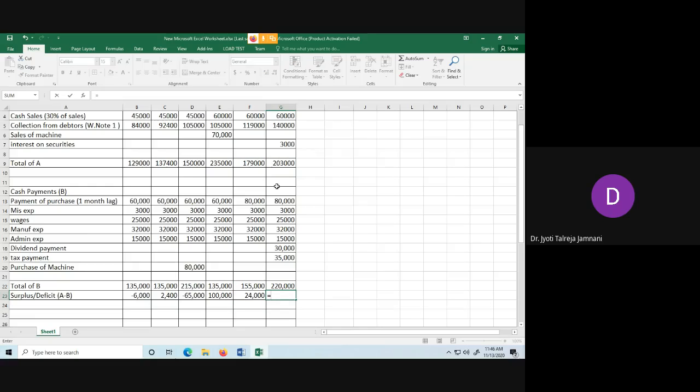For all the months, we will do receipt minus payment. We'll get the surplus or deficit.